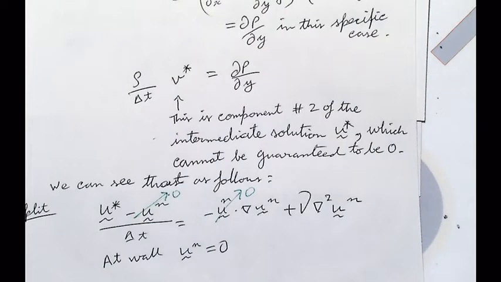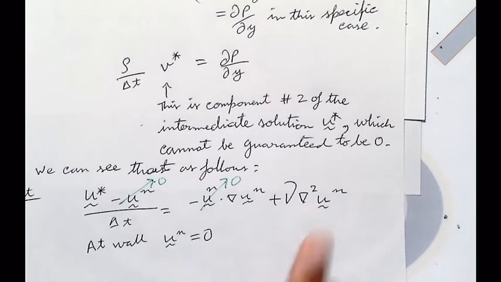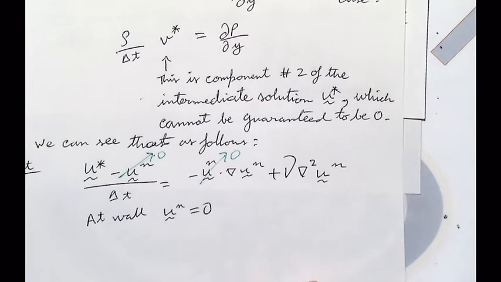Can I get rid of anything else? Did I set this to 0? It's very small. It can't be. Yeah, very small, negligible. But at the wall it should be del square u by del x square.